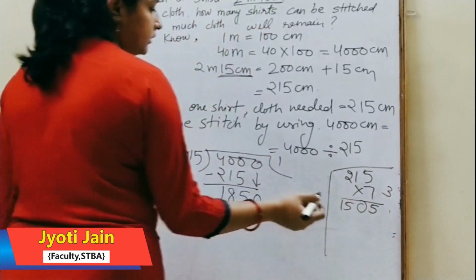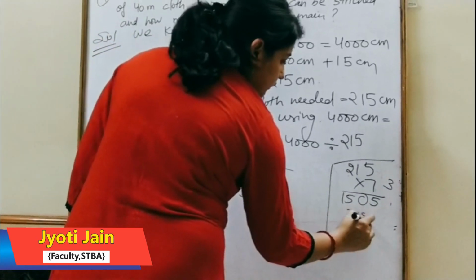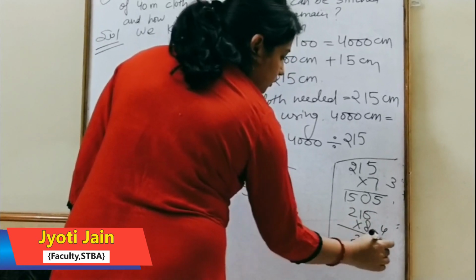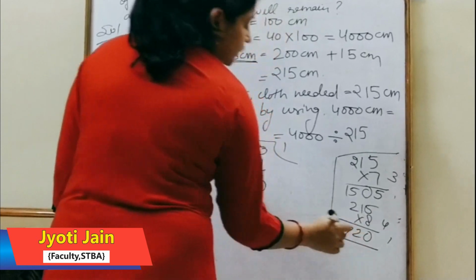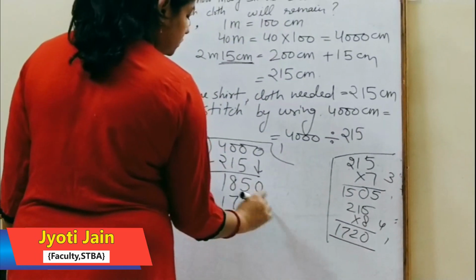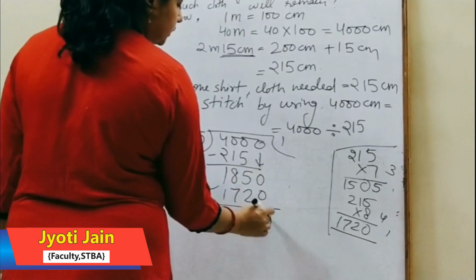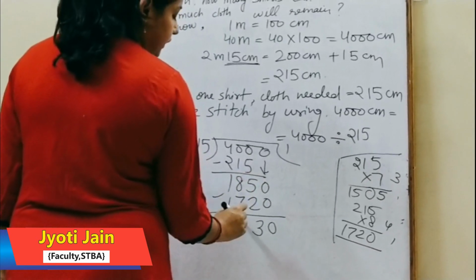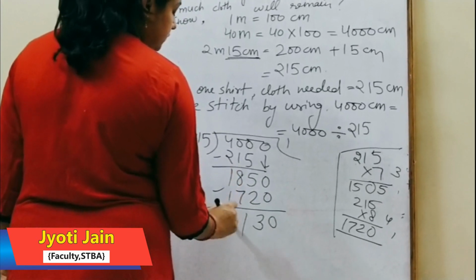This one is 1505. Next लेते हैं. This one is 1720. So it is sufficient. 1720. Subtract it. 0 minus 0 is 0. 5 minus 2 is 3. And 8 minus 7 is 1. 1 minus 1 is 0.